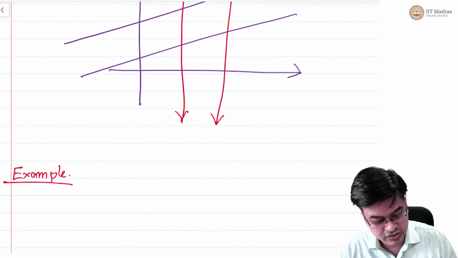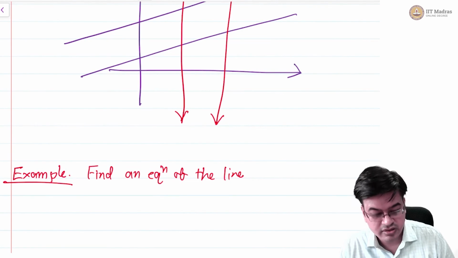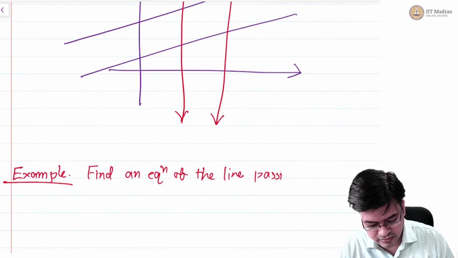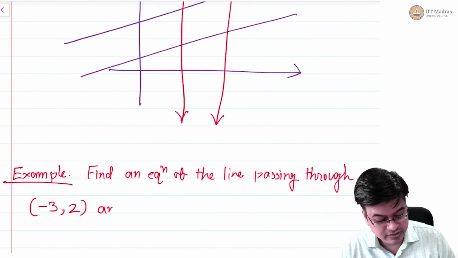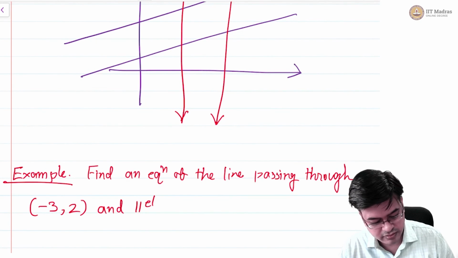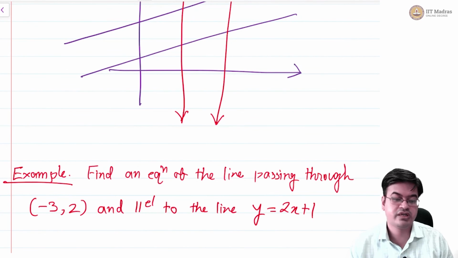Find an equation of the line passing through the point (-3, 2), and it is parallel to the line given by the equation y = 2x + 1. How will you figure this out?